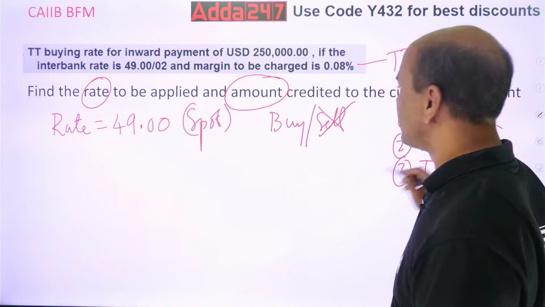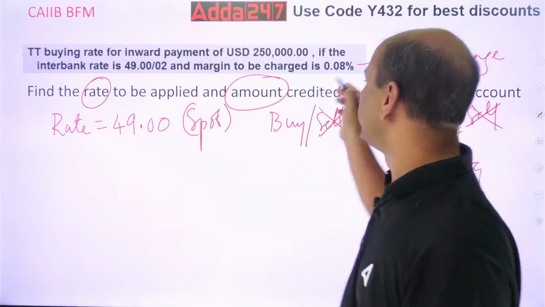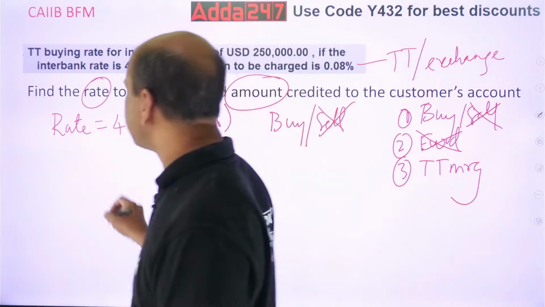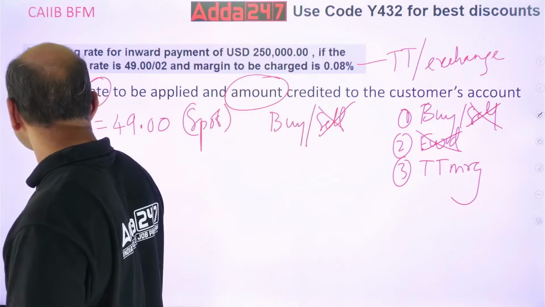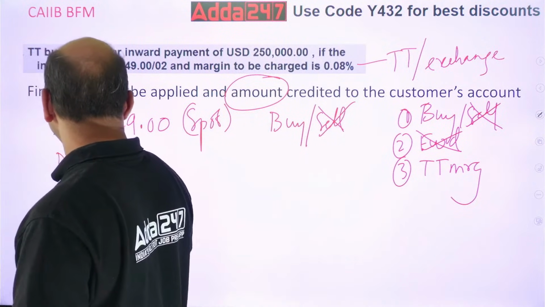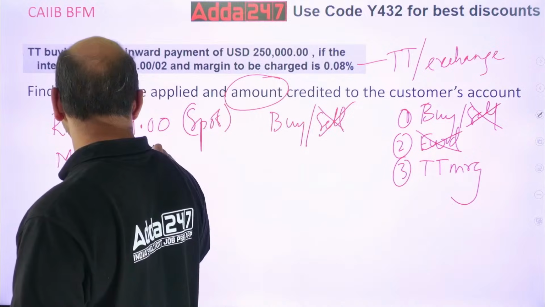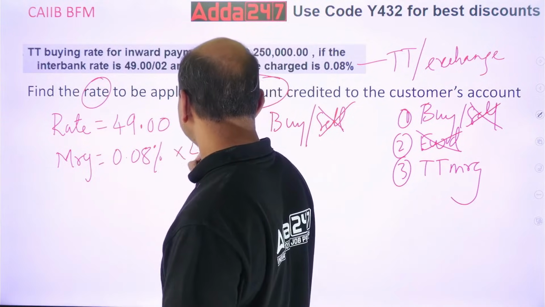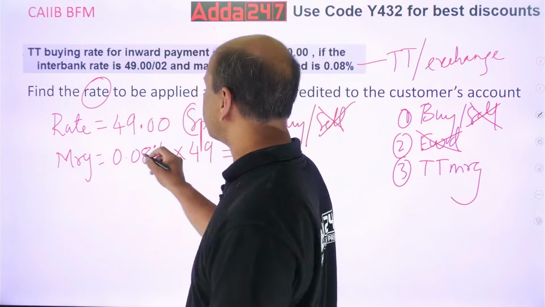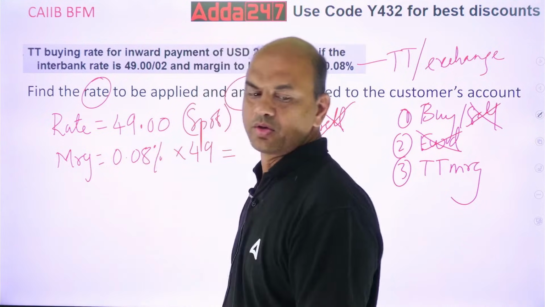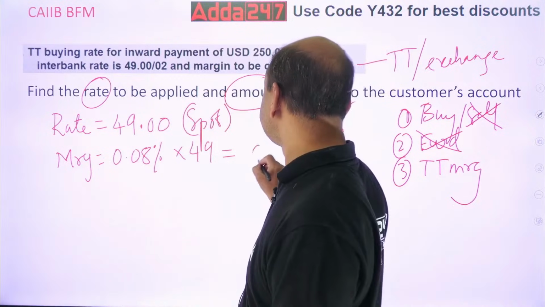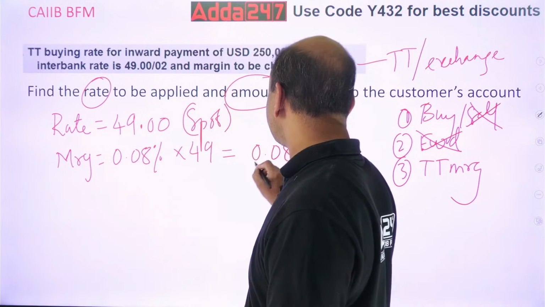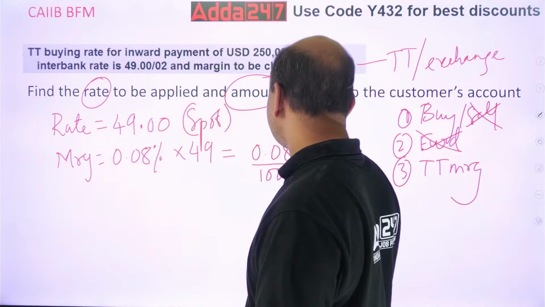Now TT margin. TT margin is there, 0.08. So margin equals 0.08%. Percent only into 49. So do this. Percent means divided by 100. So 0.08 upon 100 into 49.